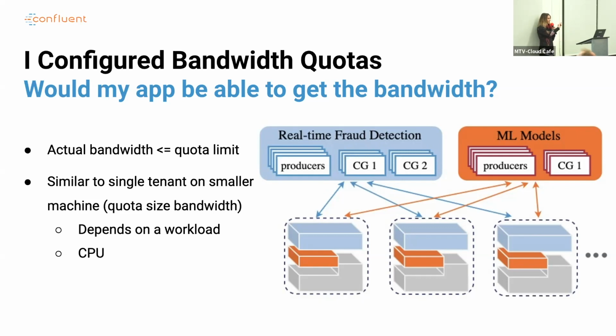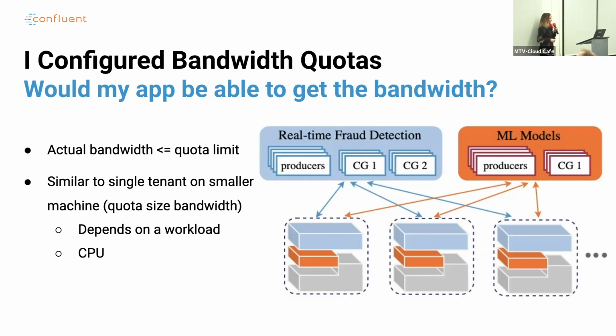But what actual performance you get is the same answer as in the single tenant case. If you have brokers of certain capacity, able to do certain bandwidth and CPU, you don't always get your performance. You will get your maximum bandwidth if your application is very efficient in batching, designed so it can reach the bandwidth with very few requests and without too many connections.